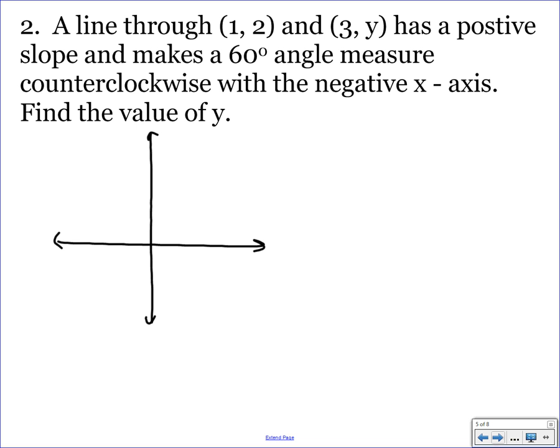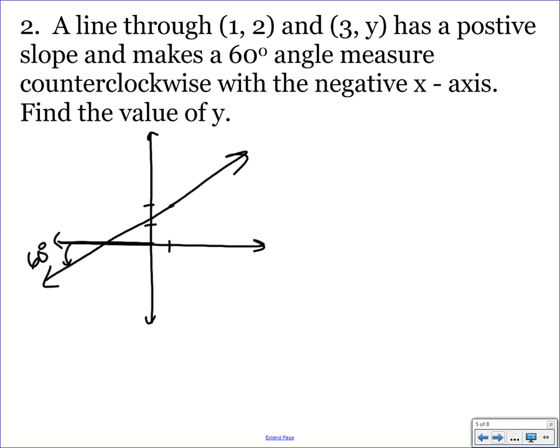Okay, so I'm going to go through (1, 2), and makes a 60-degree angle measure counterclockwise with the negative x-axis. So my negative x-axis, I'm going to make a 60-degree angle. So when I draw my line, my positive sloping line, I go 60 degrees down from that x-axis.